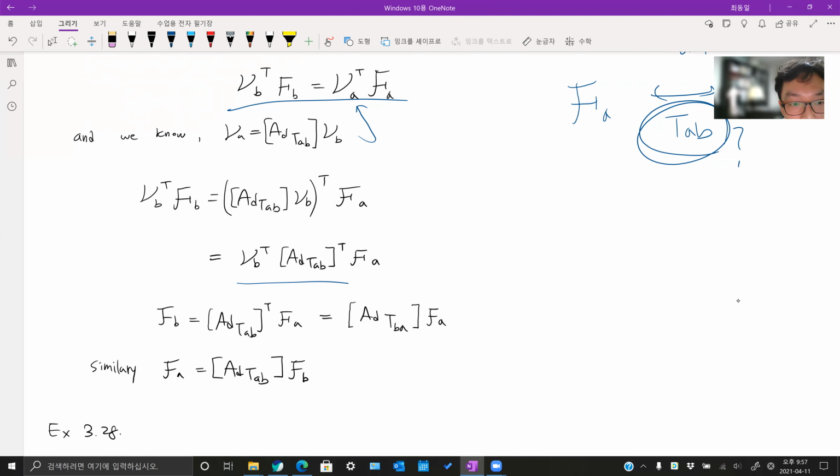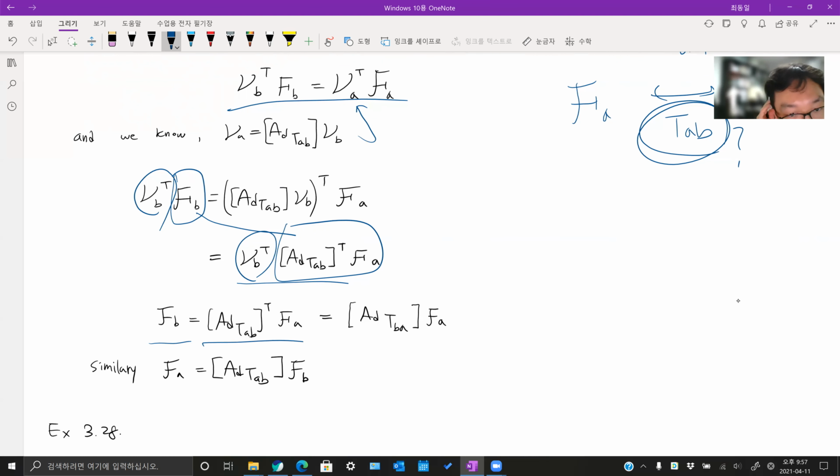And by checking this equation and this equation, we can conclude this one is the same as this one. So resultantly, we get FB equals adjoint transpose FA. The transpose goes into here and the A and B are changed.